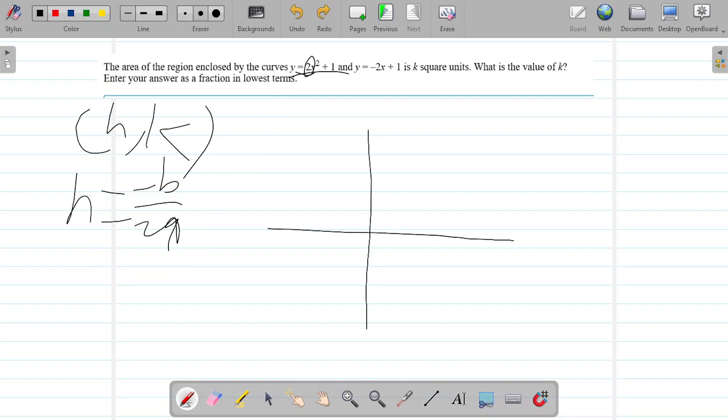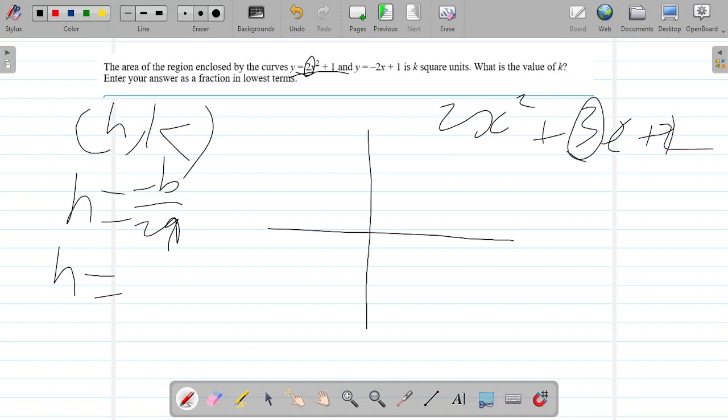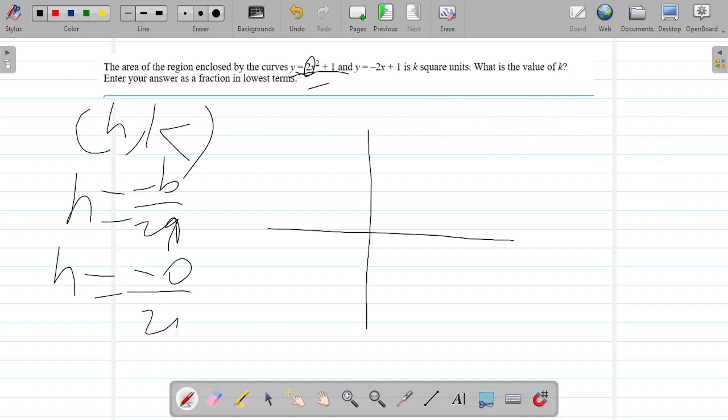So let's find the vertex. Where's b? Normally, for example, in 2x squared plus 3x plus 2, b is 3. Here it's not there, so you say that b is 0. So it will be negative 0 over 2a, which is 0.